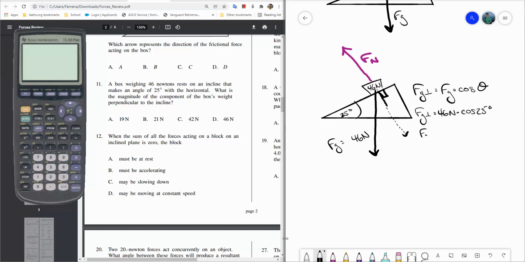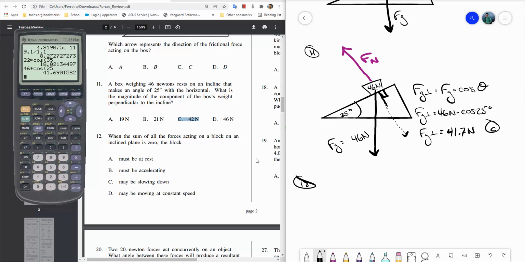And that will give you, let's go to our handy dandy calculator, 46 times cos 25, 41.7 newtons. Or, if you round it, 42 newtons. 11 is C.